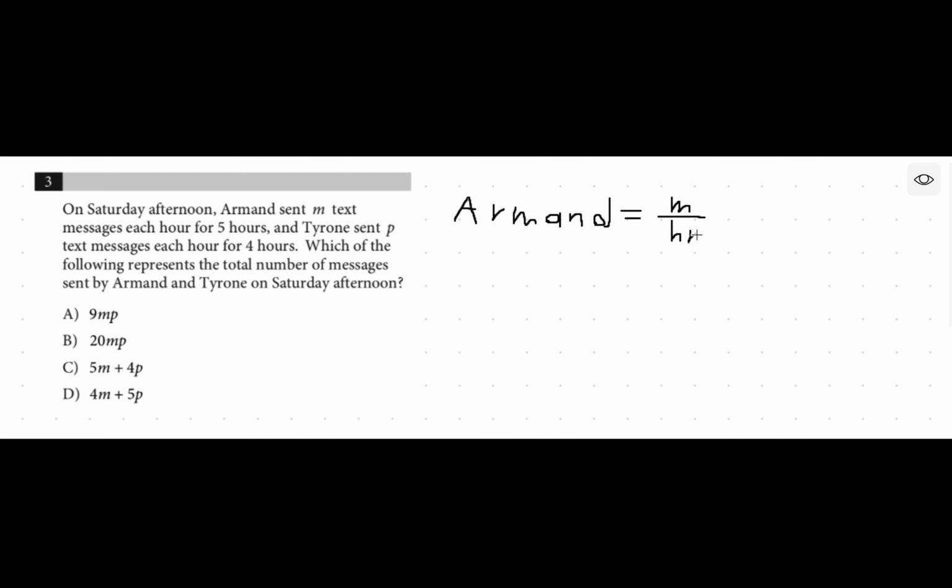And we know that he sent those text messages for a total of 5 hours. So his total amount is going to be M text messages per hour times 5 hours. So this is going to give the total amount of text messages that Armand sent.